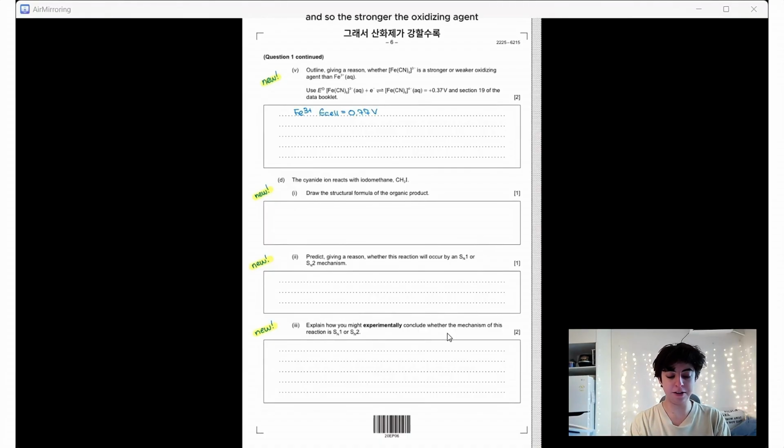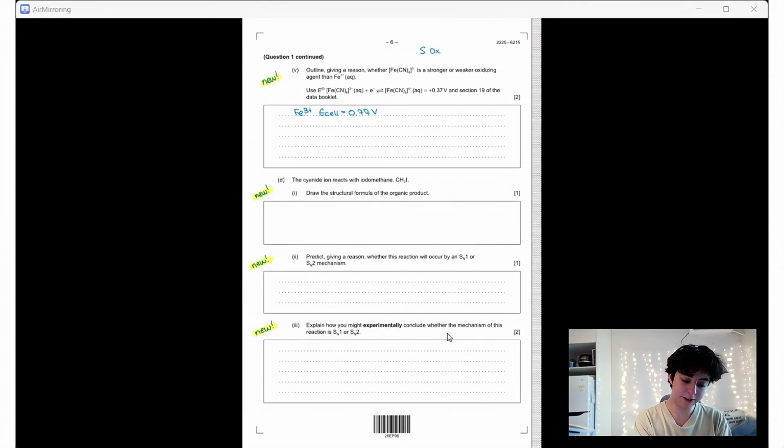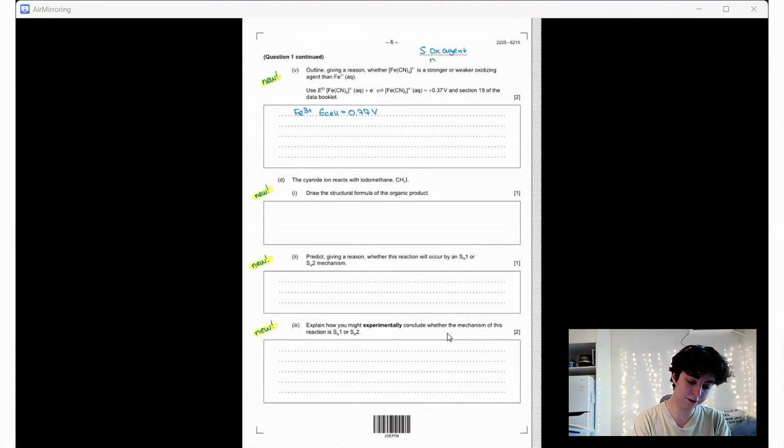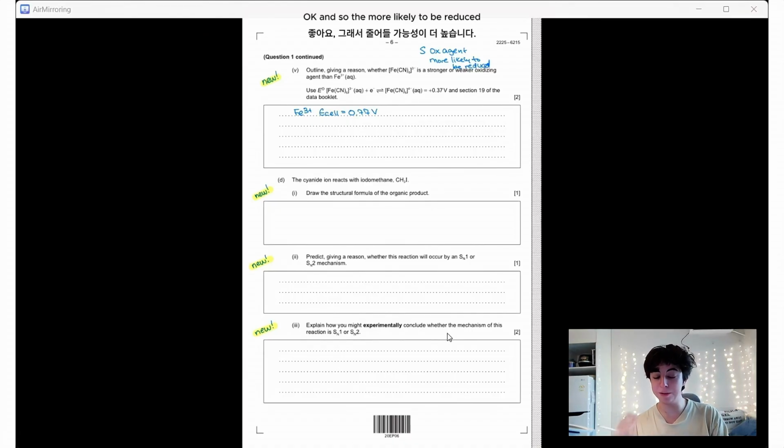The stronger the oxidizing agent is going to be more likely to be reduced, and the more likely to be reduced, the more positive the value is going to be.